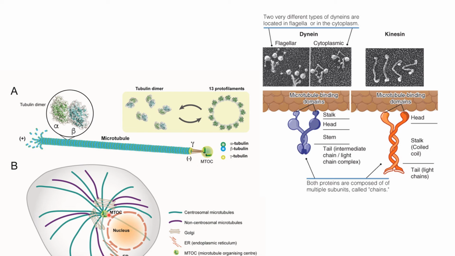This is the centrosome, where these microtubules will start to build up. So it's like a center, the centrosome, and these microtubules will be built up and just grow out from these centrosomes.